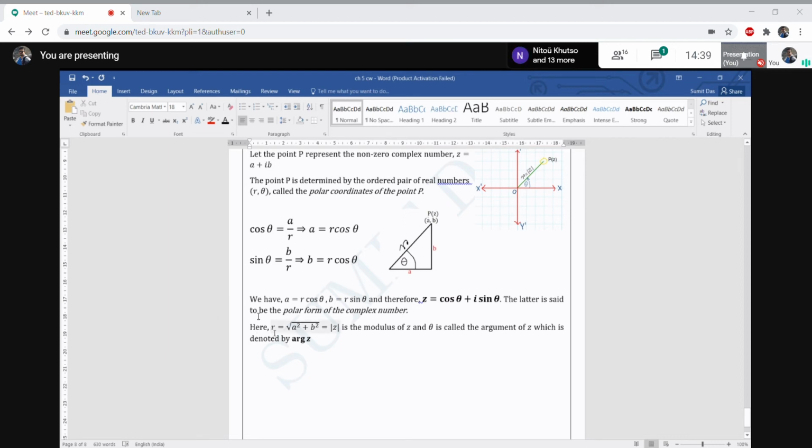Here, r equal to square root of a square plus b square. Okay, r is the modulus of z. There is nothing else. What is r?